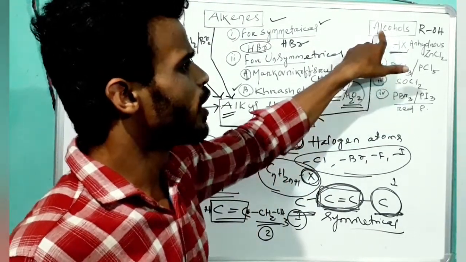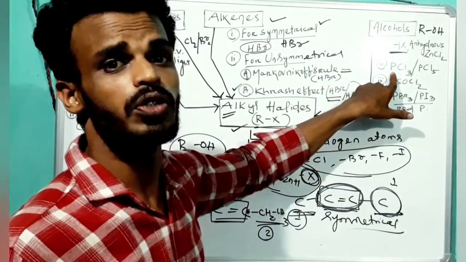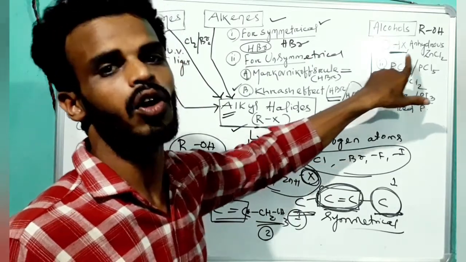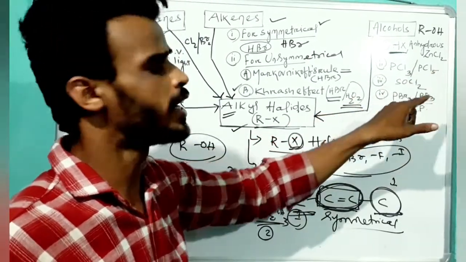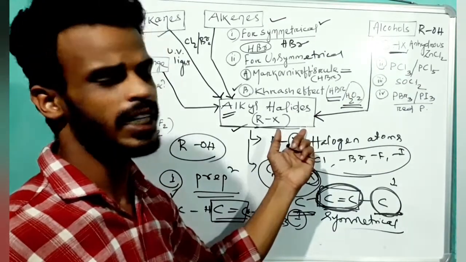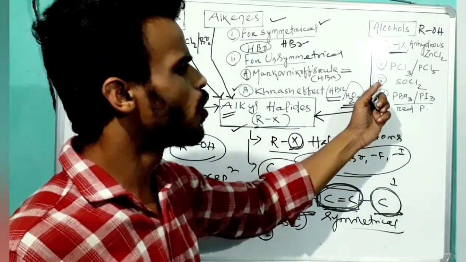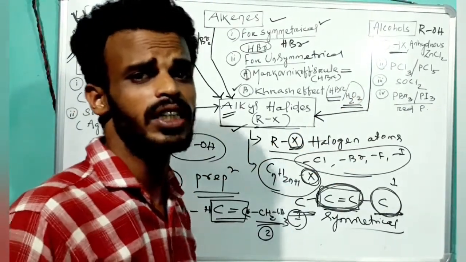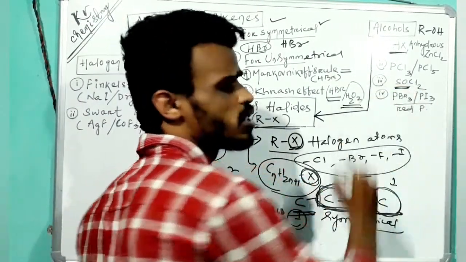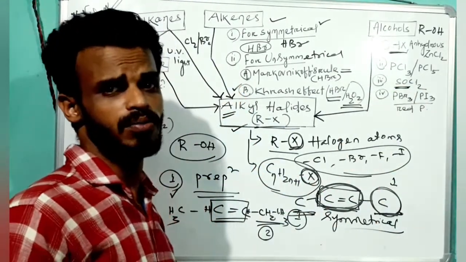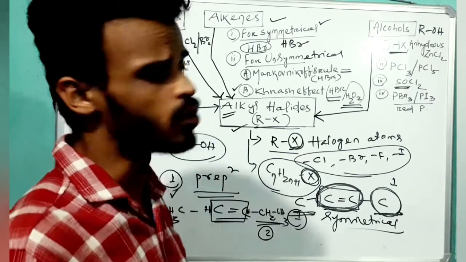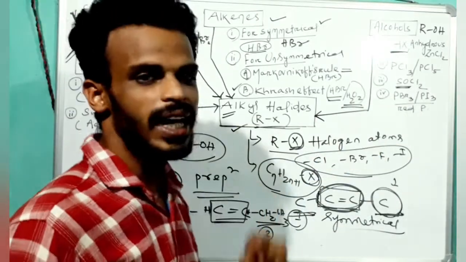Second, when alcohol reacts with phosphorus trichloride or phosphorus pentachloride, it forms alkyl halides. Third, when alcohol reacts with thionyl chloride, SOCl2, it forms alkyl halides.